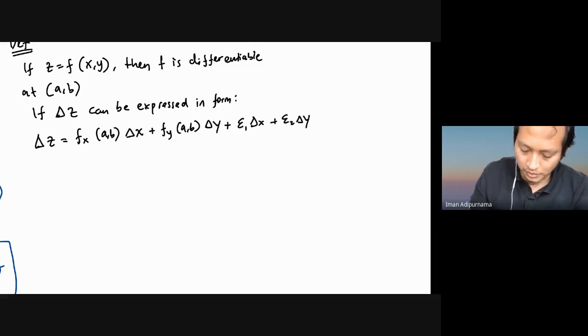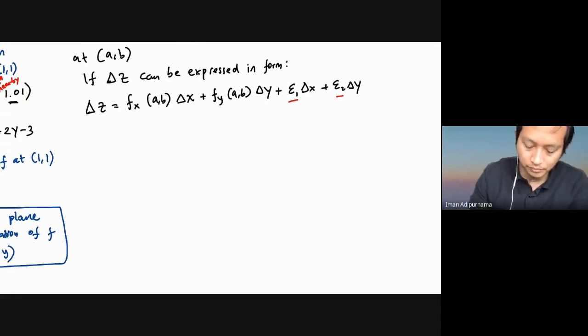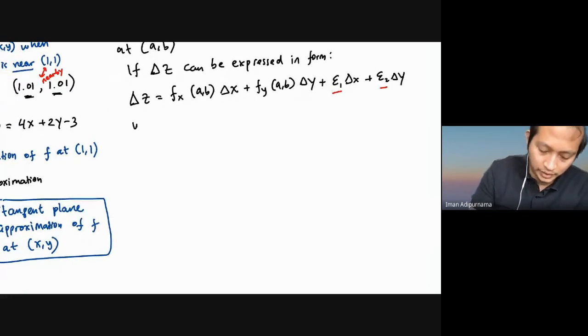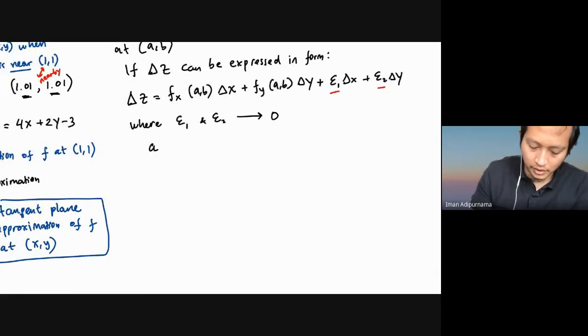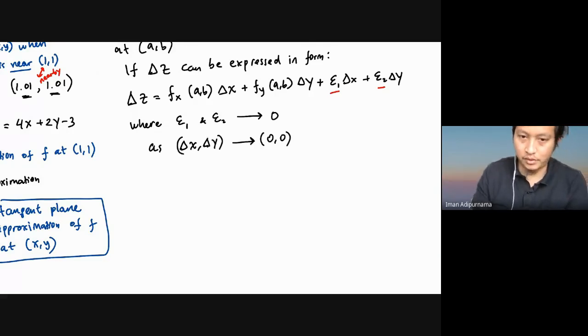You need to know epsilon means a value that is really small, and here epsilon 1 and epsilon 2 approach 0 as delta x and delta y also approach 0.